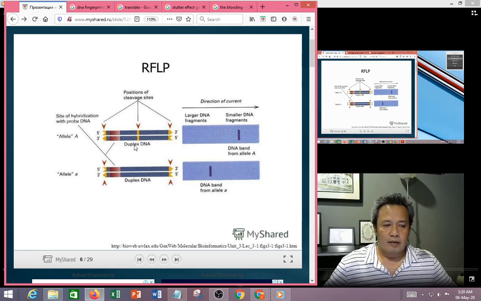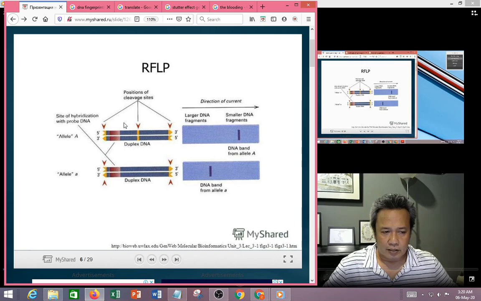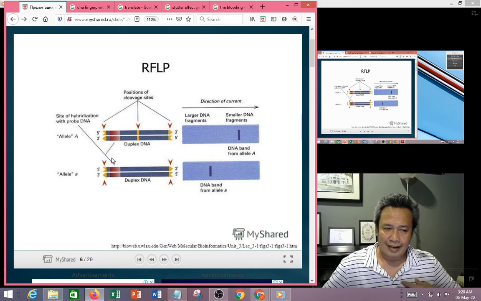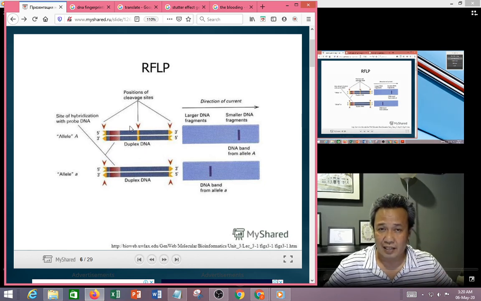Let's say this is DNA from individual 1, and this is DNA from individual 2. Let's say this is my DNA, and this is your DNA, one of you. In my DNA there are 3 cutting sites: it cuts here, here, and here. But in yours there's a polymorphism; you don't have the middle cutting site.